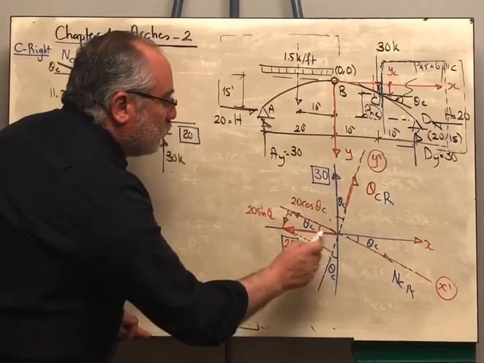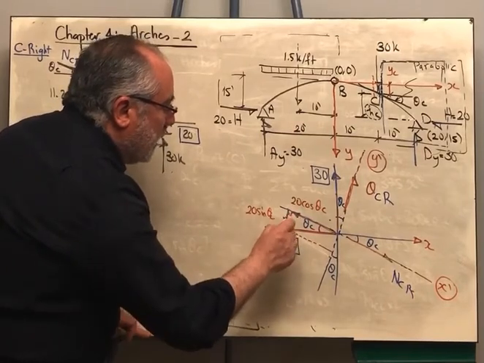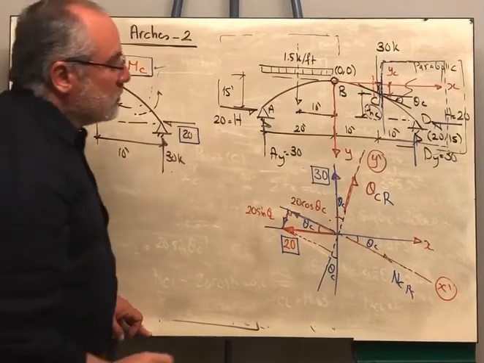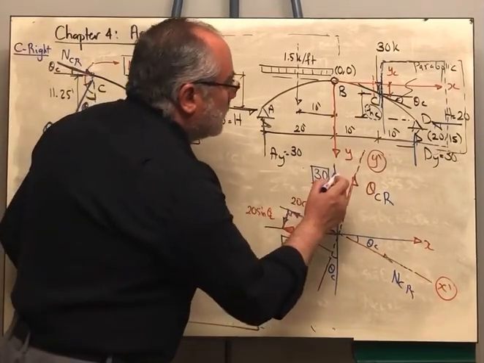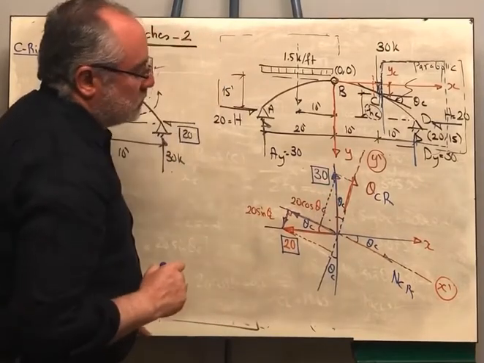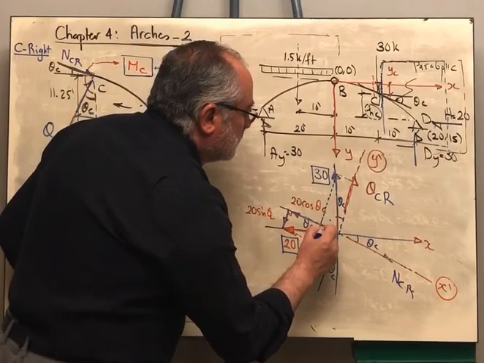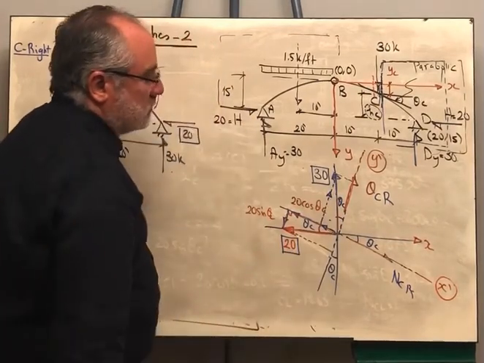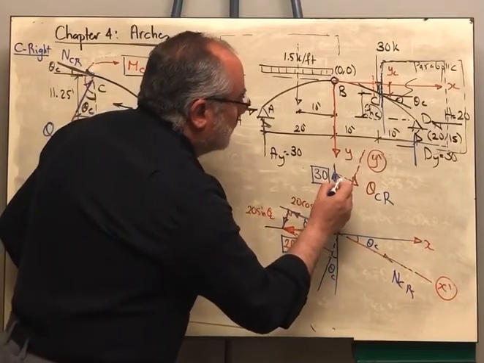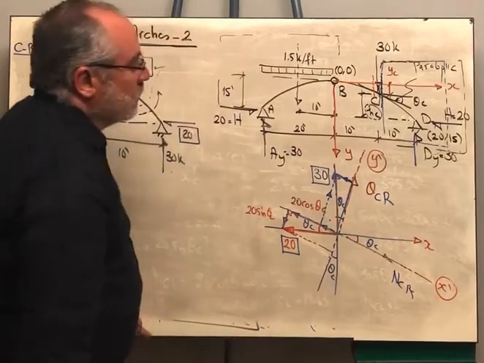This 20 kips force will be resolved parallel to the x prime, 20 cosine, and parallel to the y prime, 20 sine. How about the 30 kips force? Now it will be resolved in this direction and in this direction. Take care that this angle will be resolved like this.